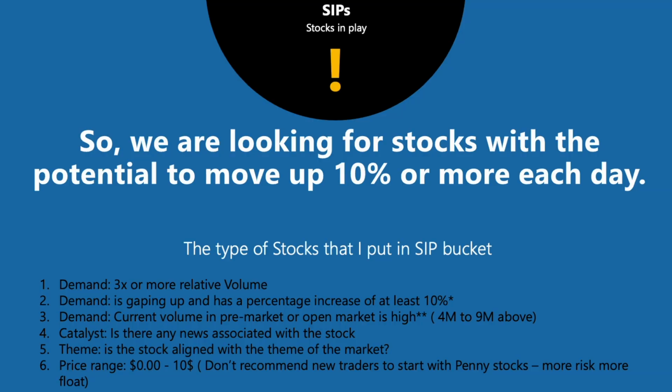Now the fourth point, which is very interesting and important, is catalyst. Is there any news associated with the stock? Maybe there are some days when some stocks are moving up, but there is no news. Let's say you have a list of 4 stocks, and one of the stocks has news associated with it, and the news is positive.